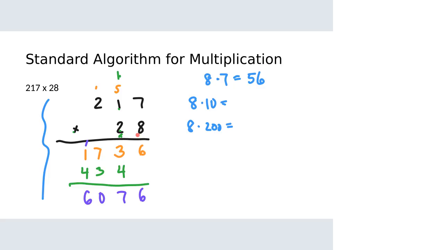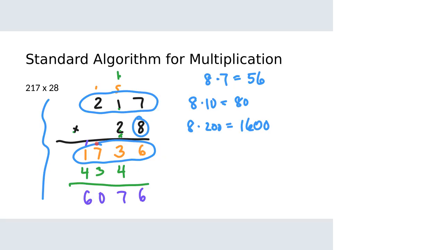When we do this 8 times this 1, we're actually multiplying 8 times 10 because it's in the tens place. When we do this 8 times 2, we're actually doing 8 times 200 because that 2 is in the hundreds place. And then what we see here, when we multiply 8 times 217, the result is 1,736.